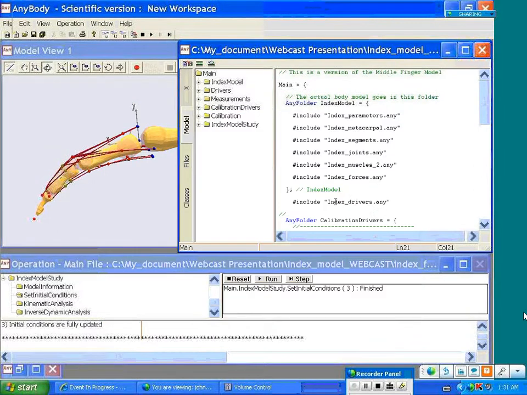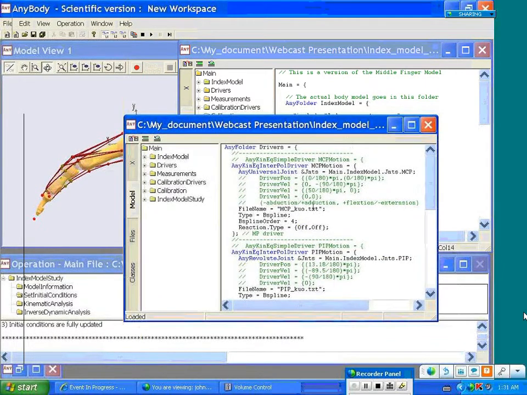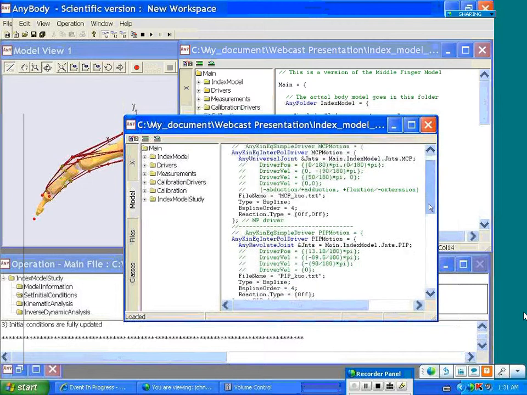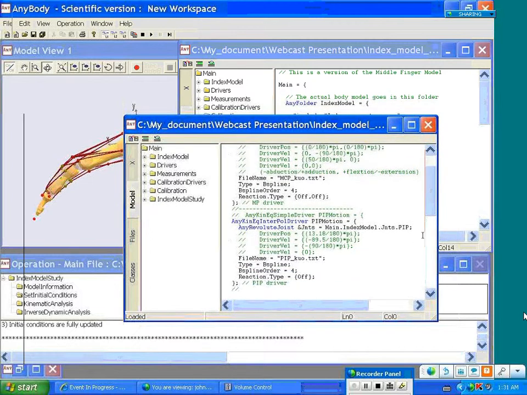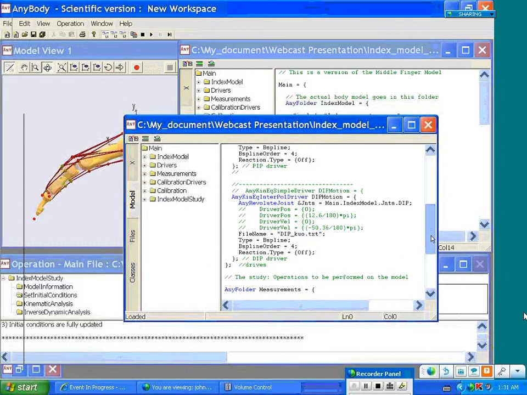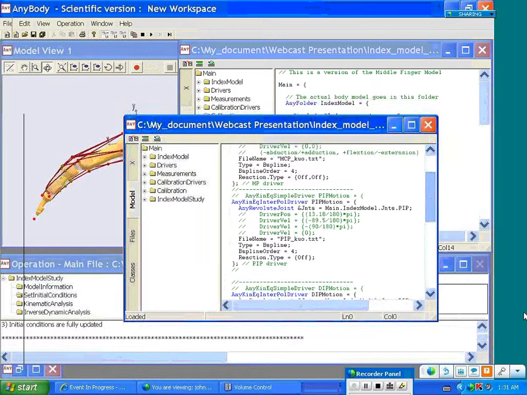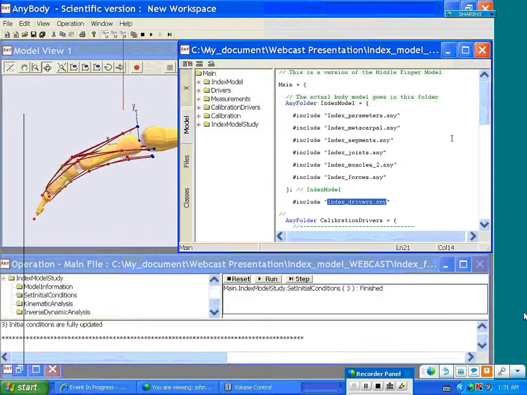Also, the joints are driven by measured data as a function of time, three files: DIP, PIP, and MCP.